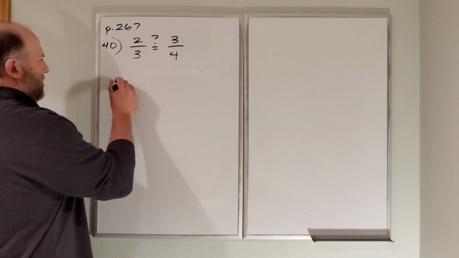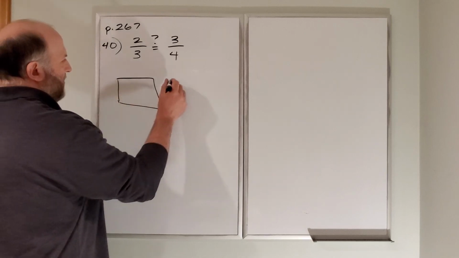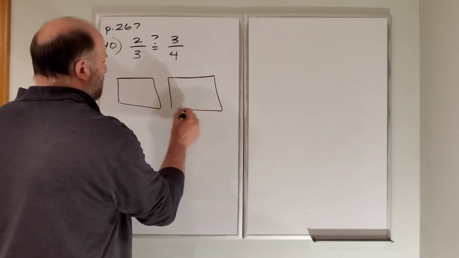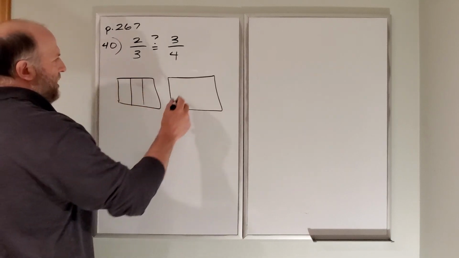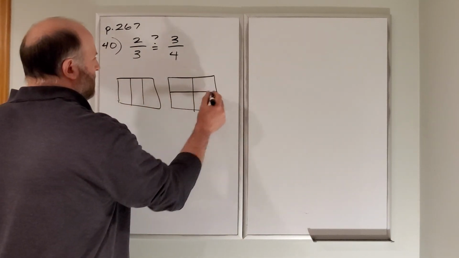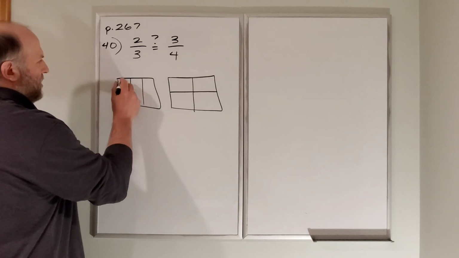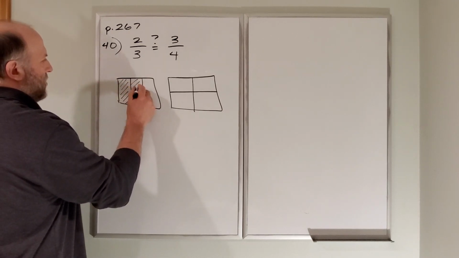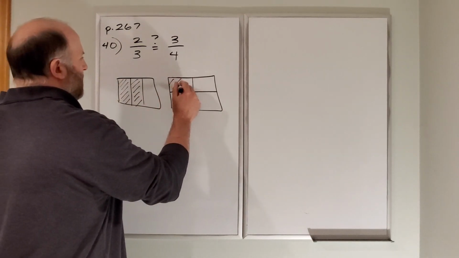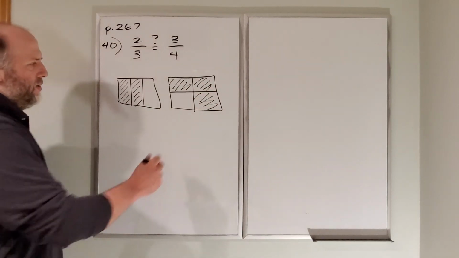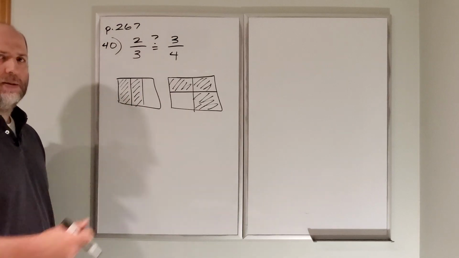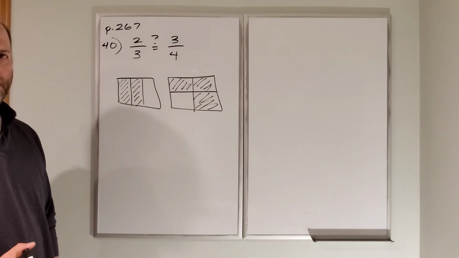The lots he has for his farm are the same size, but he's taking one and dividing it into 3 pieces and the other into 4 pieces. And he wants to know, if I'm taking 2 of these 3, or if I'm taking 3 of these 4, is this really the same amount of land in each case?